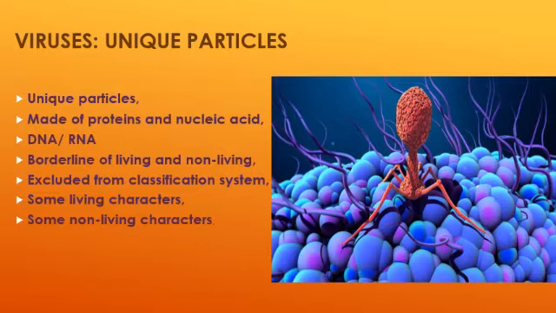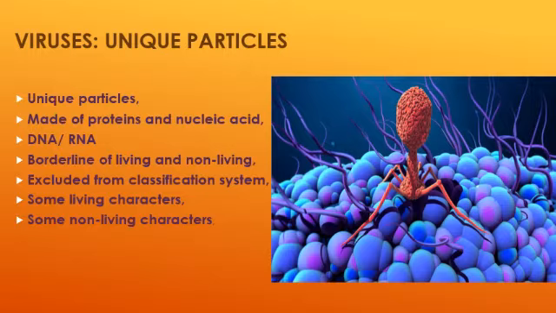Viruses are unique particles. They are made of proteins and nucleic acids, DNA or RNA, but never both. Nucleic acids are types of macromolecules present inside the nucleus of a cell. But in case of virus, DNA or RNA is enclosed inside a protein coat.